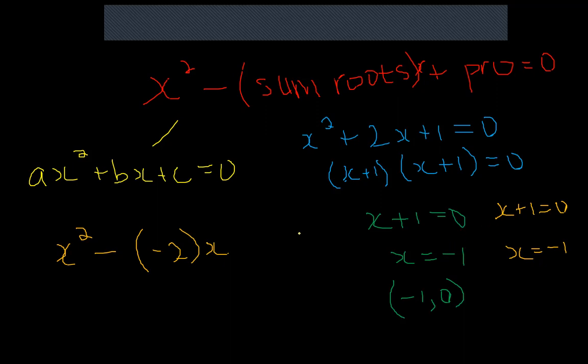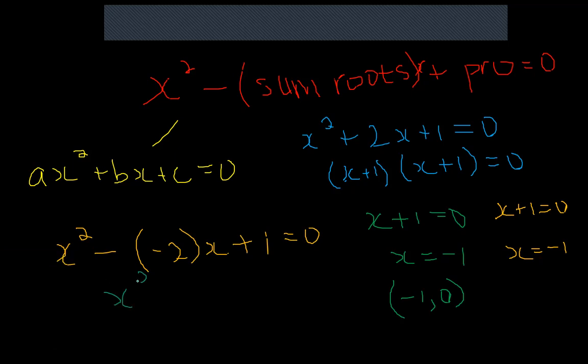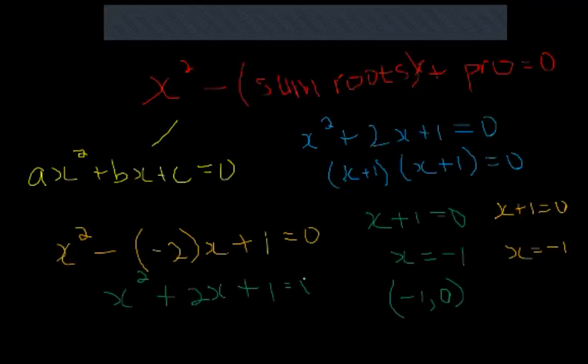If I find the product of this, minus 1 multiplied by minus 1 is going to give me plus 1, is equal to 0. But I know that a minus and a minus is a plus. So I can rewrite this as x squared plus 2x plus 1 is equal to 0.